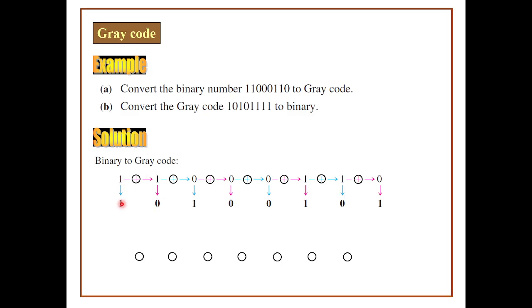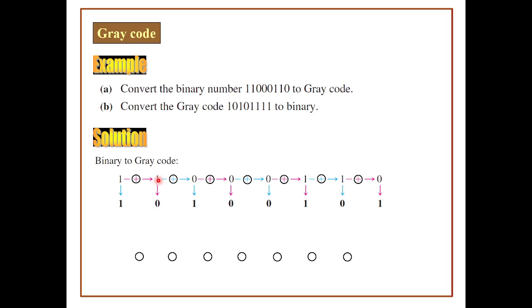Okay, 1, you first put down. So 1, 1, you compare, so 0. 1, 0, you compare, which is 1. You must understand that if you compare two bits, if the same, we write 0. If not same, we write 1. So 1, we come down. 1 and 1 is same, right? We put 0.